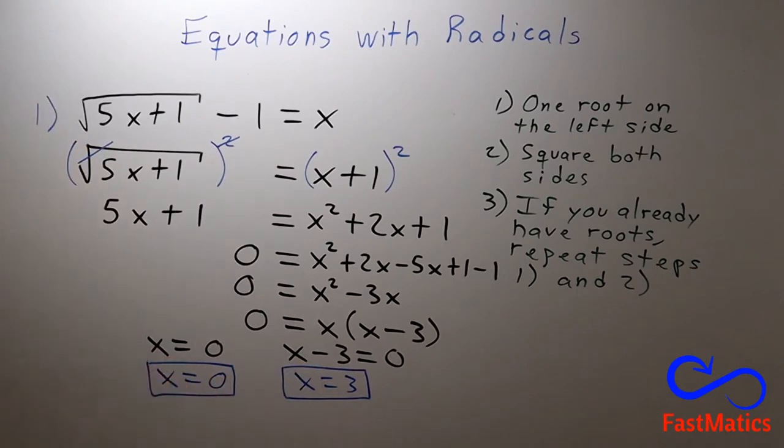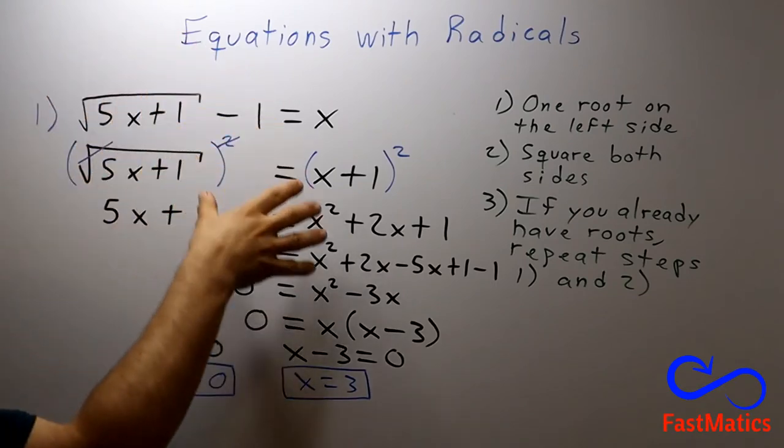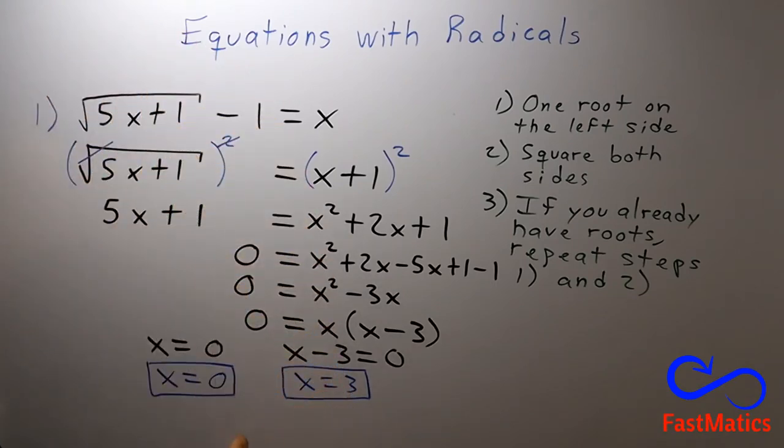But pay attention. When you solve equations with radicals, it is very important to verify the answers, because you could have a solution that is not true. You can do everything right, but those solutions could not be the solutions of the equation.